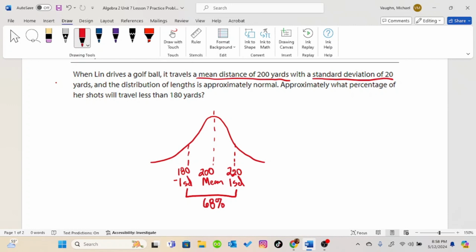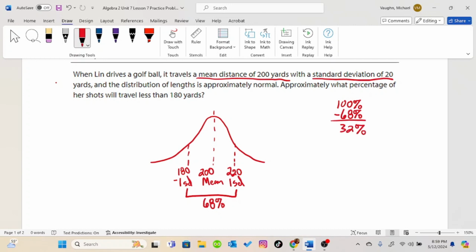So now that means if we have 100% under the entire curve and we just accounted for 68%, that leaves 32%.